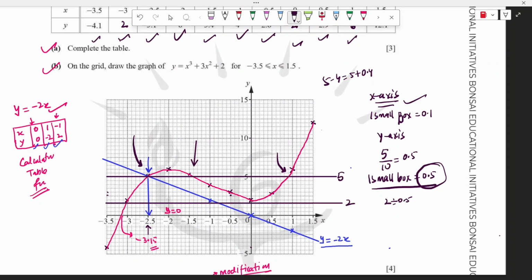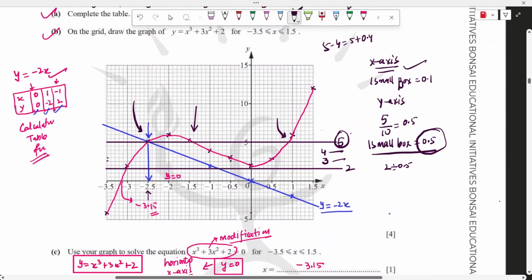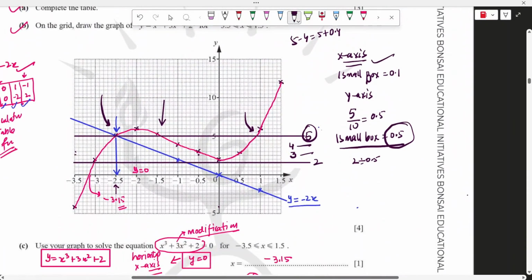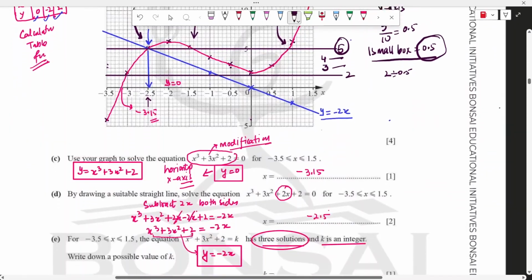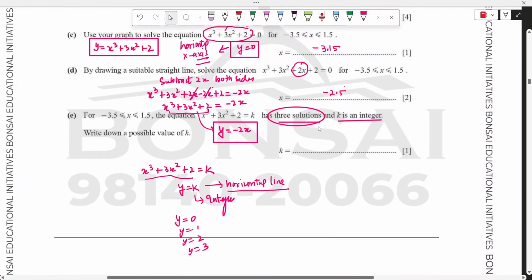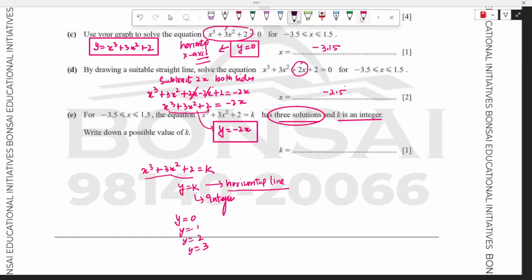Then what are the integers which are between 2 and 5? That is 4 and 3. So hence y equal to 5 will be cutting the graph at 3 points, y equal to 4 will be cutting the graph at 3 points, and y equal to 3 will be cutting the graph at 3 points. And the answer is going to be, k can be having the values 3, 4 or 5.